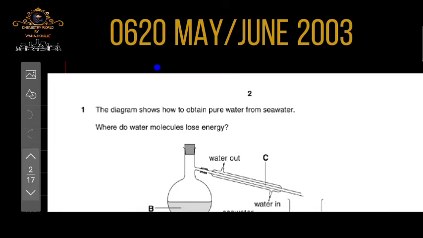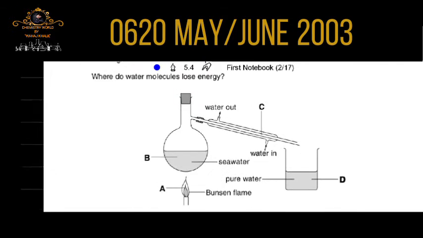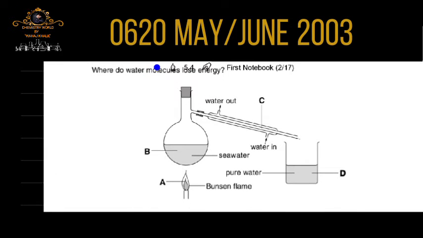The diagram shows how to obtain pure water from seawater. Where do water molecules lose energy? At A, B, C or D? In flask B, water is stored, so no loss of energy.